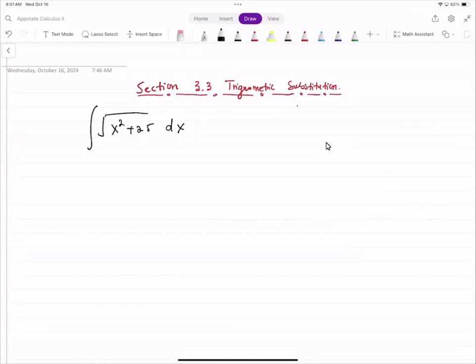If we have functions like this, we could use the method of substitution for one of them. But for this one, it's going to be a bit difficult because even if you use substitution, u equals x squared plus 25, and you differentiate, you're still going to have x in there. And so it's going to be a bit cumbersome to do that.